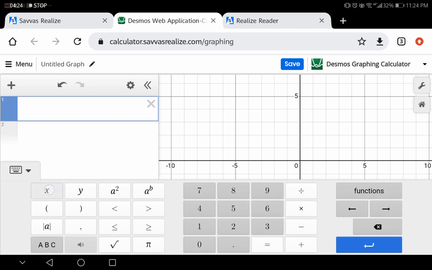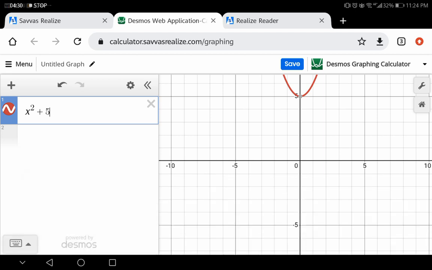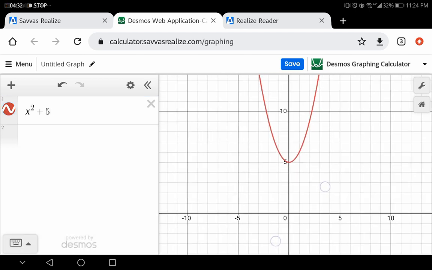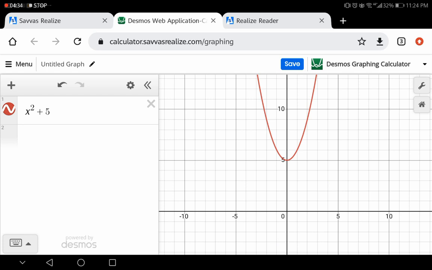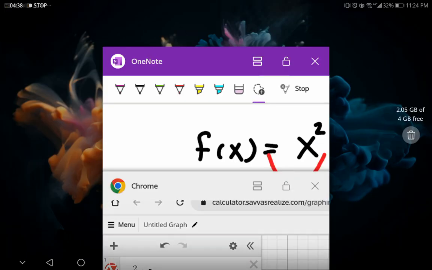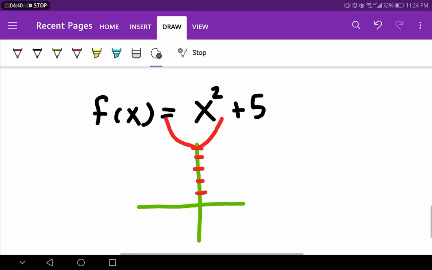It is x squared plus 5. See? Okay. Are you happy with that? Me too.